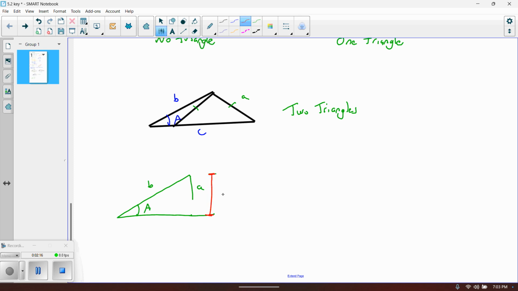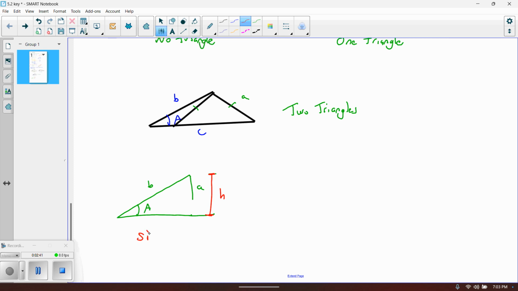That would be the measurement of the height. So how do we find that height? It's all based upon trig. I know something about angle A, I know something about side a, which is opposite of it, and I know something about side b, which would be the hypotenuse. This is SOHCAHTOA based: opposite and hypotenuse is sine.